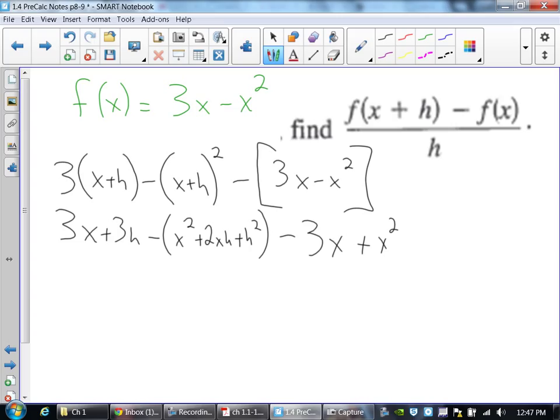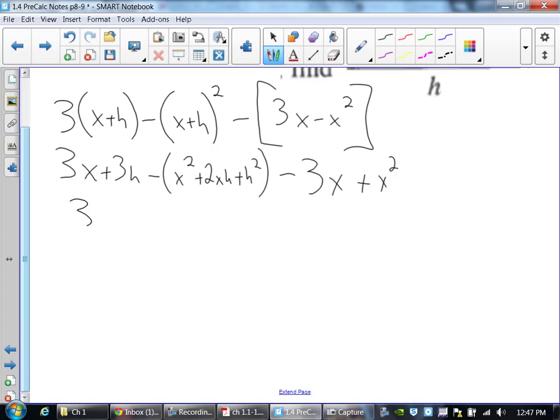That's why I remind you, when you're squaring stuff, throw parentheses around it, so it reminds you not to screw this up. So change your signs. We have 3x, 3h, negative x squared, negative 2xh, negative h squared, negative 3x, and a positive x squared.